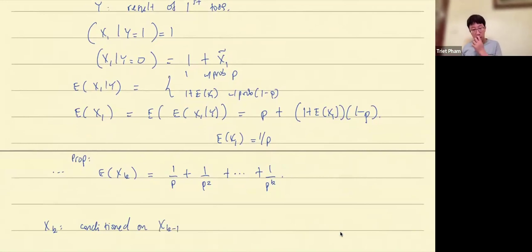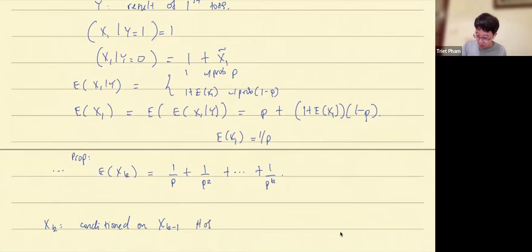Not technically, it's not really xk minus 1, but it has exactly that distribution, which is what? The number of tosses until the first k minus 1 consecutive heads.